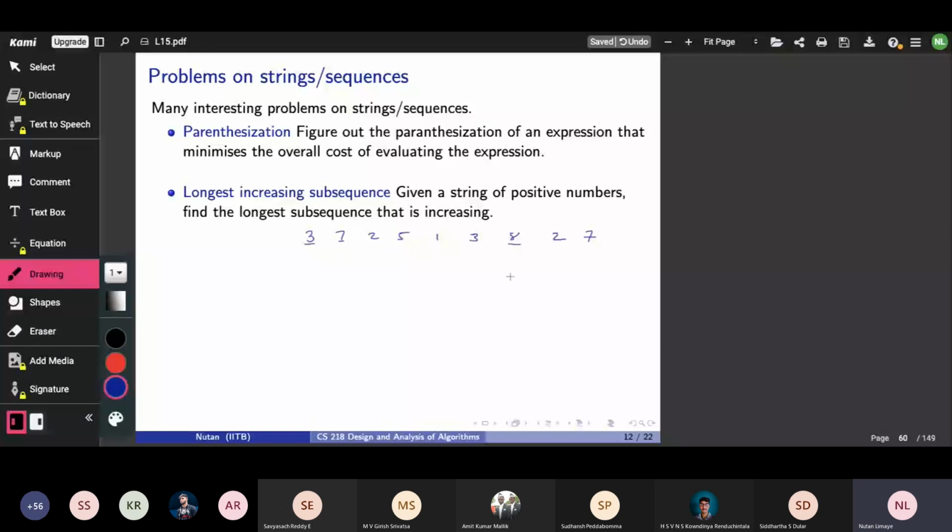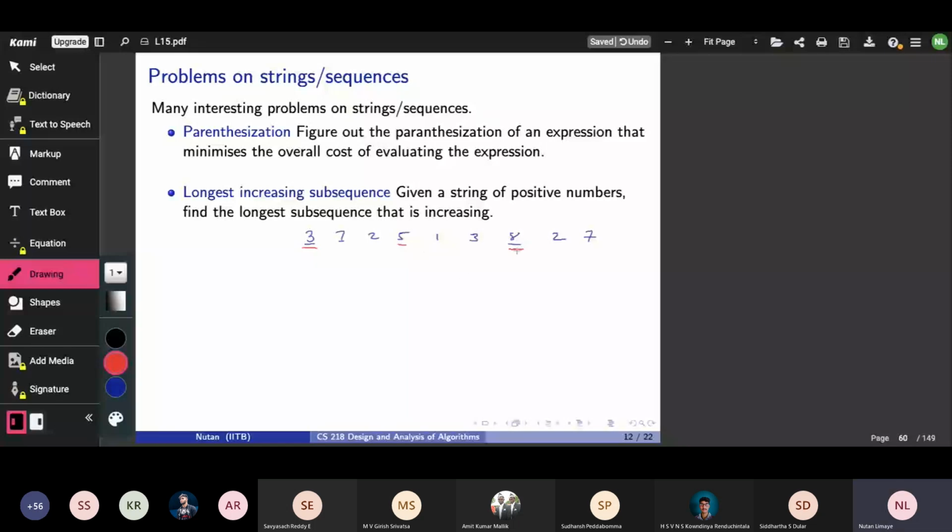But is this the longest one? Possibly not. Here is another one. It starts with 3. Then instead of including 7, it includes 5. Then includes 8. This is also of length 3.